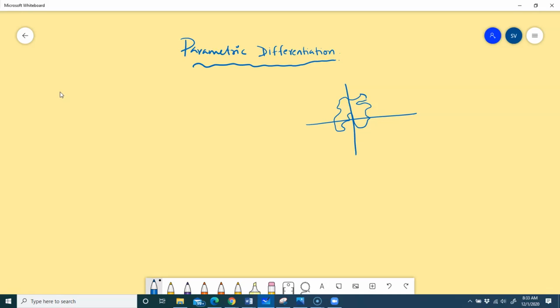These parametric functions will help us to find the value of a function at a particular point, or figure out how the function will behave at a particular point. We can discuss that in detail in another video. In this video I'm trying to show you how we can find the derivative of a parametric function and how we can generate the equation of parametric differentiation.